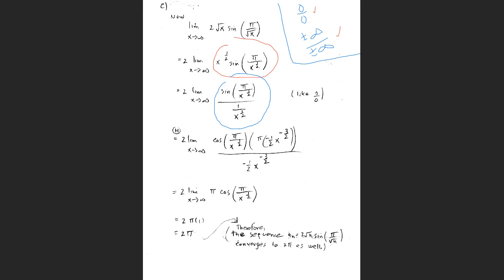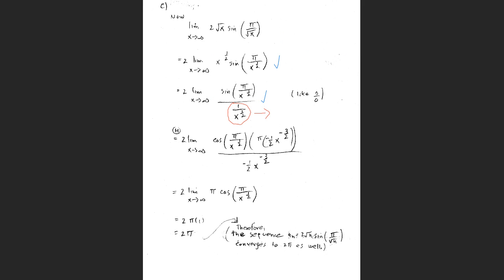So let me just do this here. Hold on. I think you're okay going to here, right? And 1 over x to the half, as x gets large, what does 1 over x to the half approach? What does 1 over the square root of x approach as x goes to infinity?